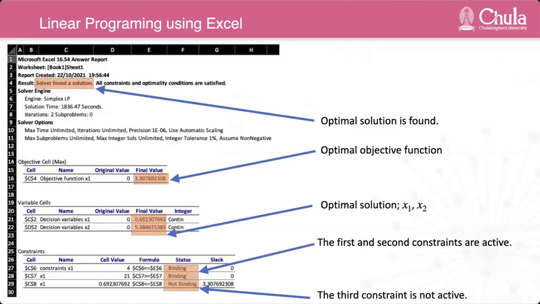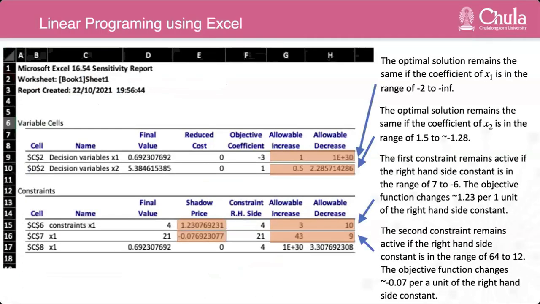And also, later you can have a look at the slides, because I explained the meaning of binding, not binding, and also the sensitivity analysis. I remember that in the class, I explained already about allowable increase, allowable decrease, right?